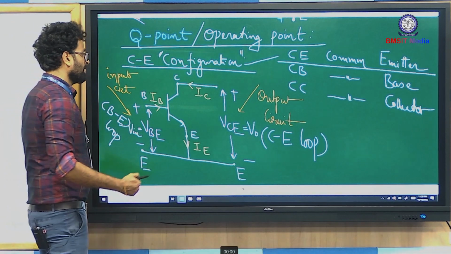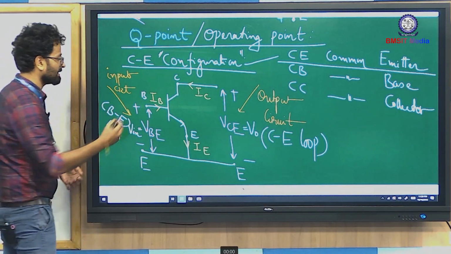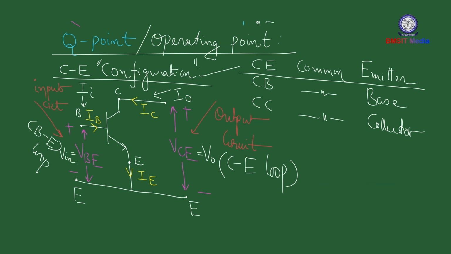Similarly, the current which is found on the input side is called the input current. So whatever input current IB you are seeing, that can be considered as I I. And on the other hand, the current which you are seeing on the output side can be considered as I naught.